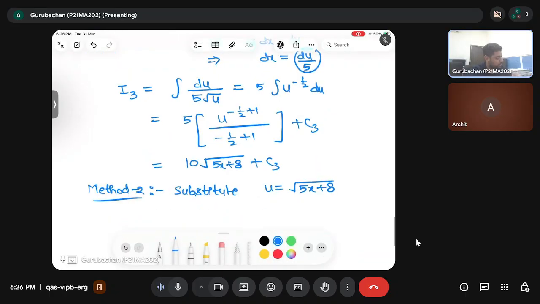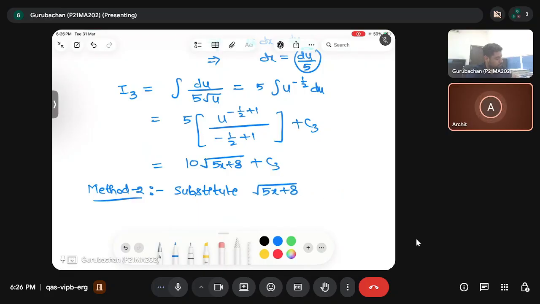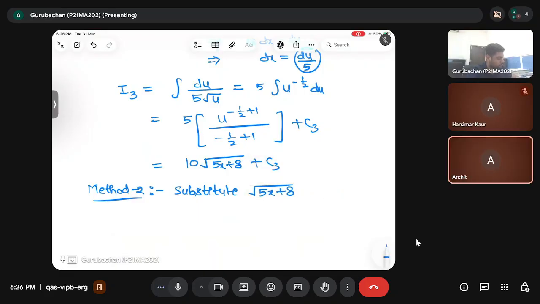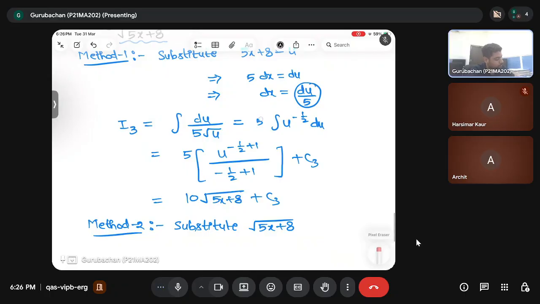Can we substitute like this? Yes, sir. Sir, in the previous one it is 1 by 5, sir, you multiplied it. Oh, sorry. So this will be divided by 5. This will be 5. Correct?